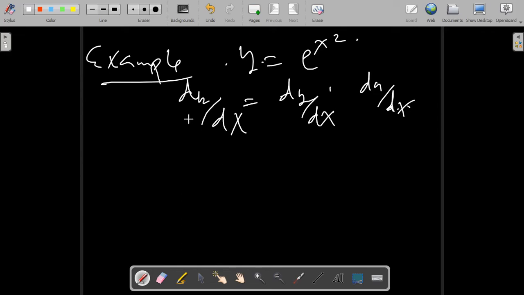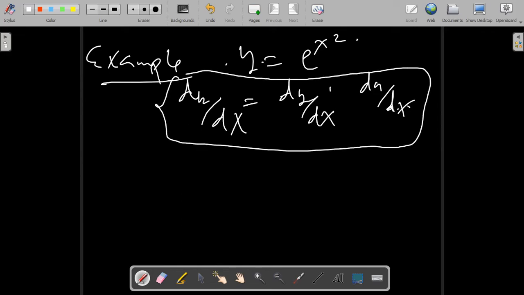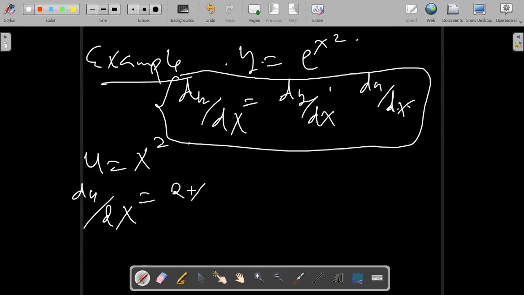From this kind of equation, we let u be equal to x squared. Then let me find du over dx, which will give you 2x.